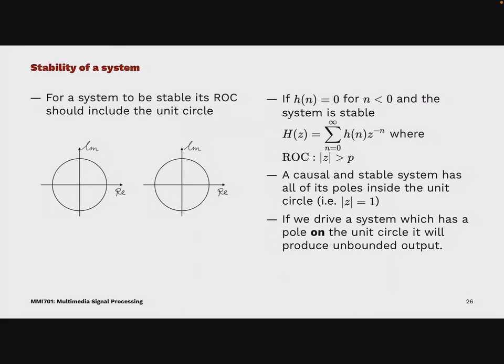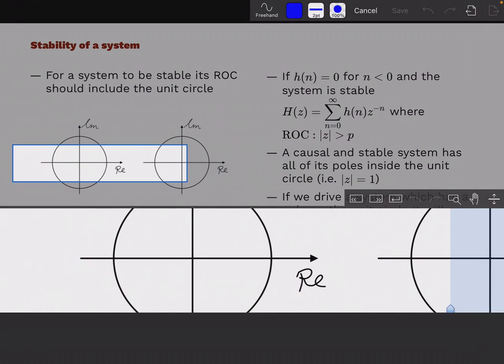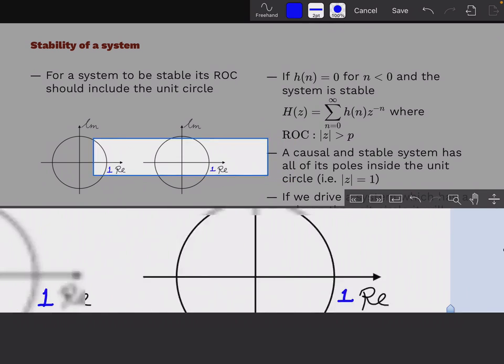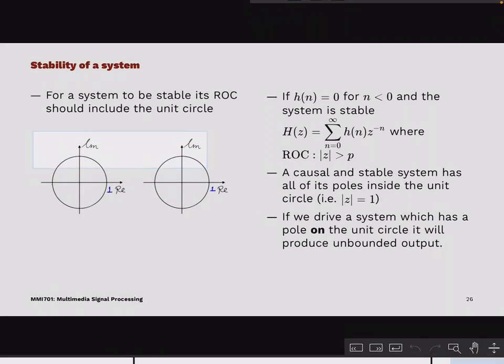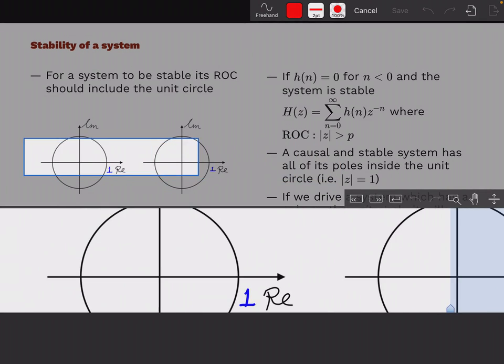So, assuming that we have a unit circle here, in both cases, we can have a region of convergence which has this form, for instance.